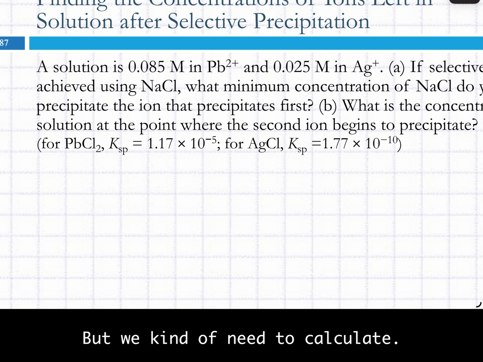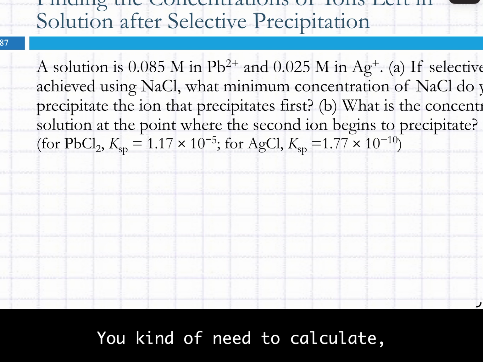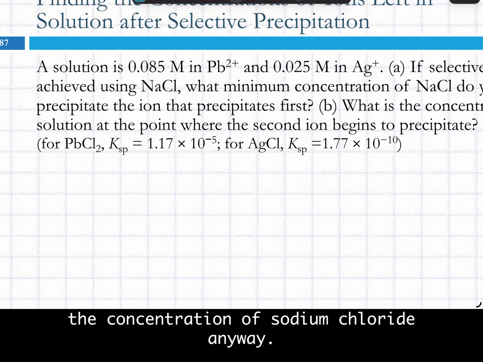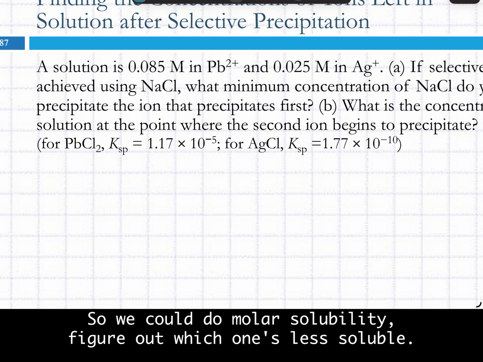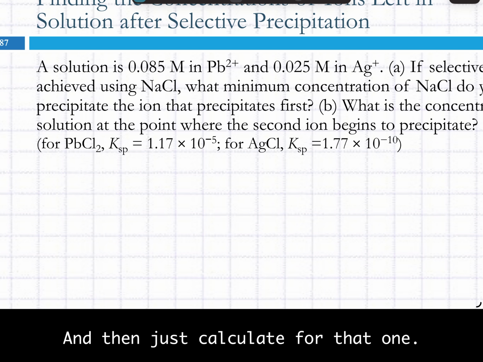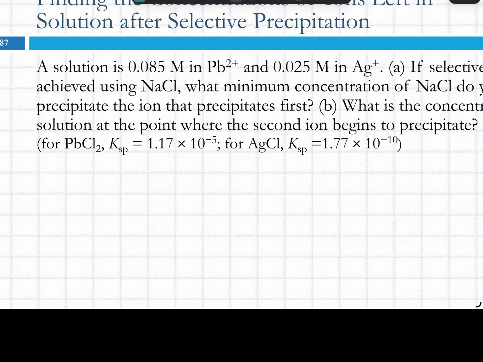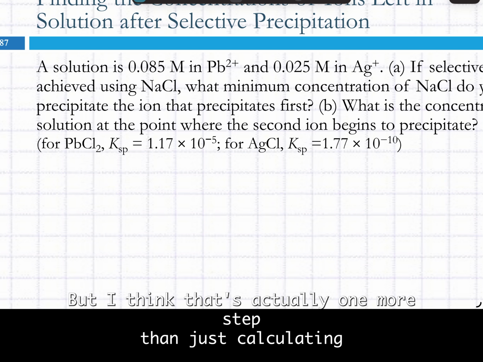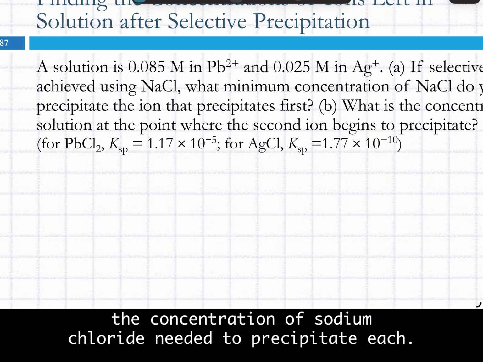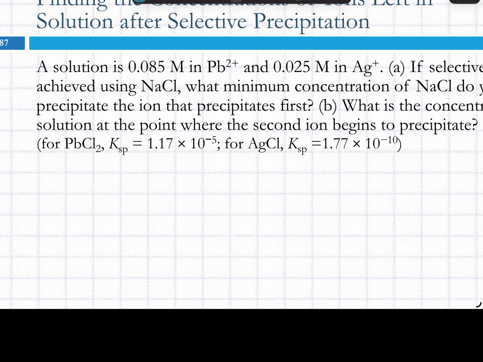But we kind of need to calculate the concentration of sodium chloride anyway. So we could do molar solubility, figure out which one's less soluble, and then just calculate for that one. But I think that's actually one more step than just calculating the concentration of sodium chloride needed to precipitate each.